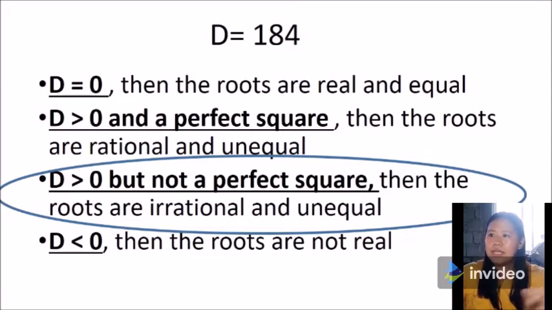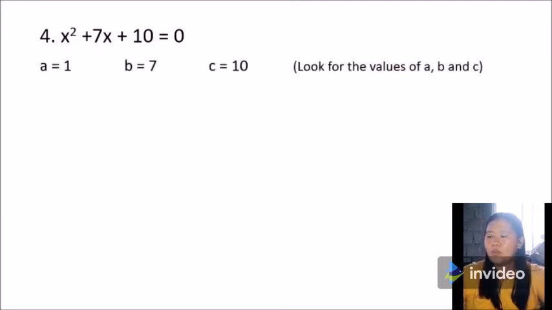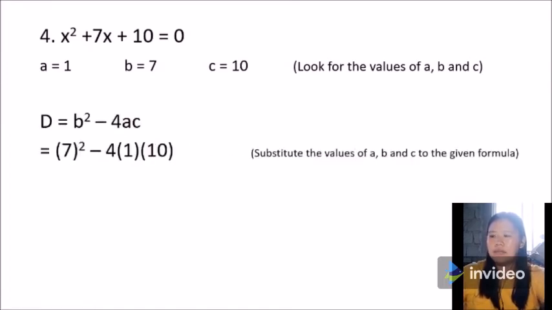Next example, we have x raised to 2 plus 7x plus 10 equals 0. So, look for the values of a, b, and c. Our a here is 1, b is 7, and c equals 10. So, this is our formula. And then, substitute the values of a, b, and c to the given formula.